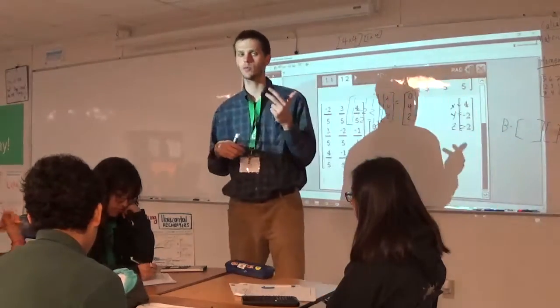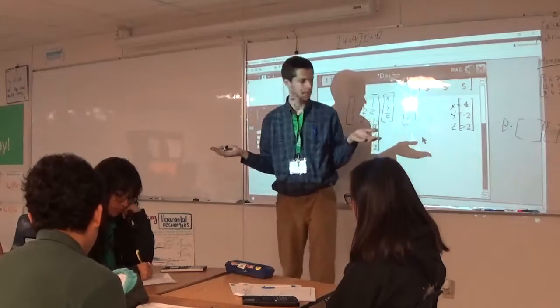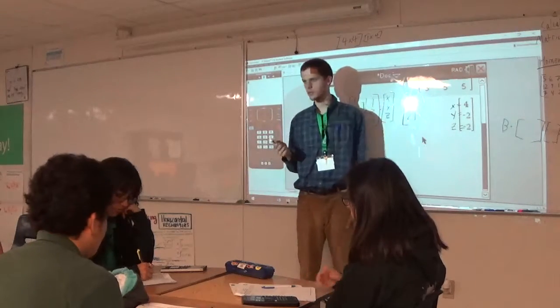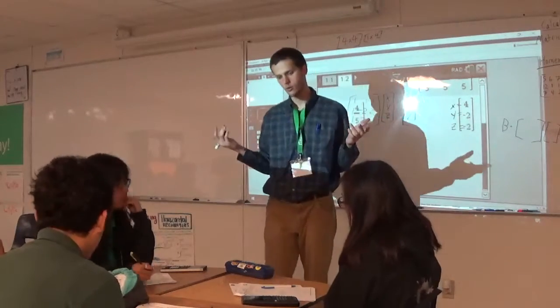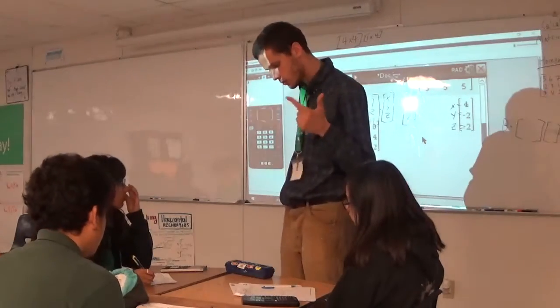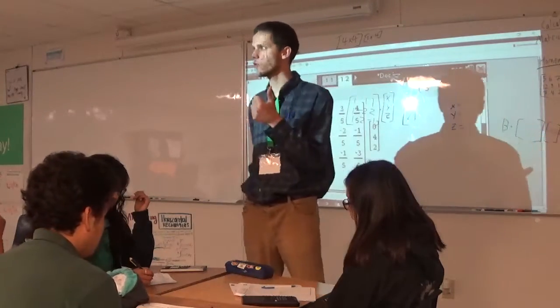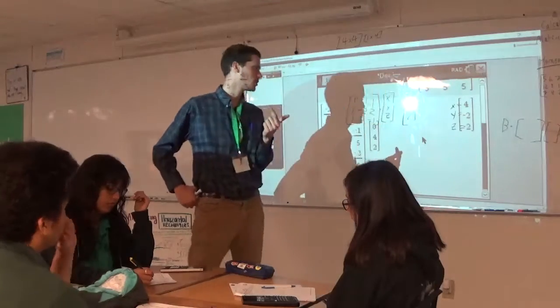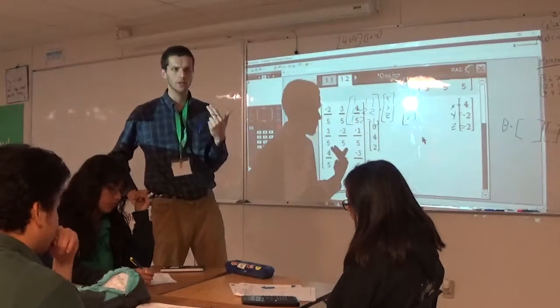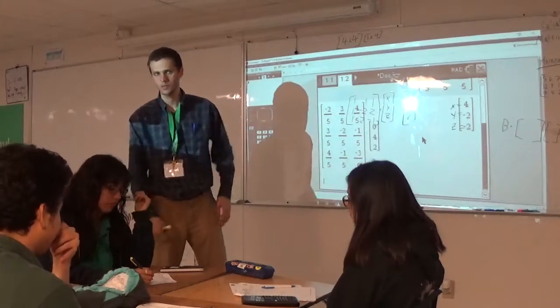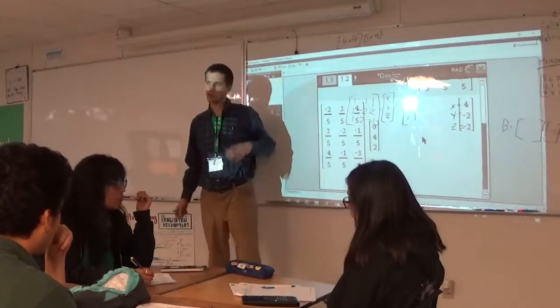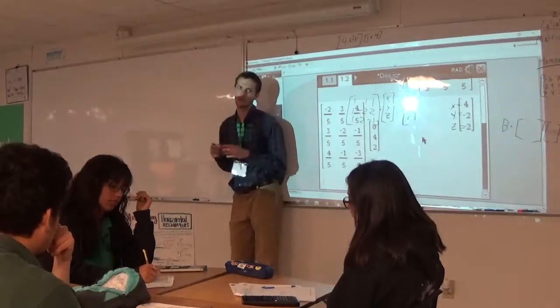That first one, x plus y plus z equals 0. Does that work? Works. The second one, what's the second one? x minus 2y plus 2z equals 4. x, 4, minus 2y plus 4, so 8, plus 2z minus 4 equals 4. That works. So it's just cool that this works out, and this is a lifesaver.